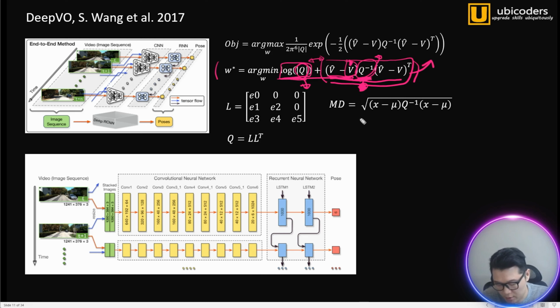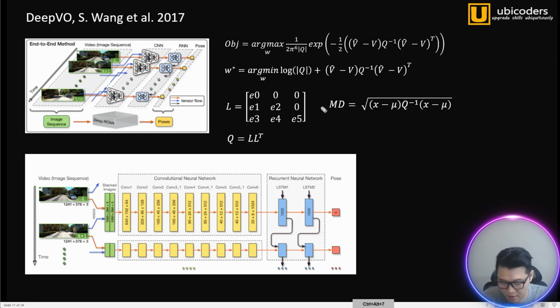Another thing that we need to note is this part, the Cholesky decomposition of the covariance matrix. Covariance matrix is a 3x3 matrix with 9 elements. But if I let the neural network output a 1x9 vector, it's just too many values.